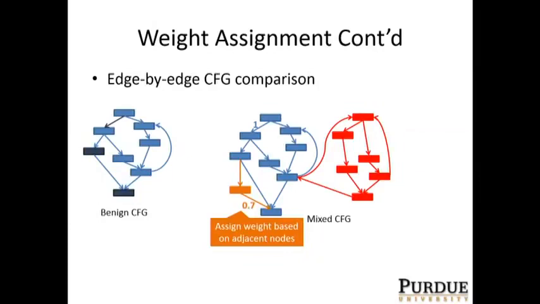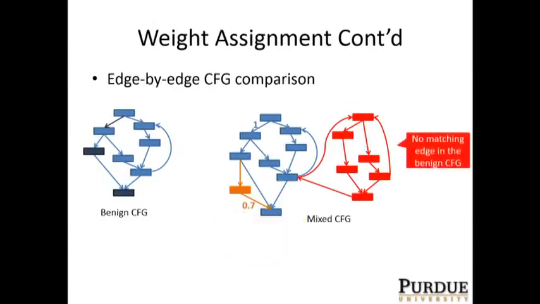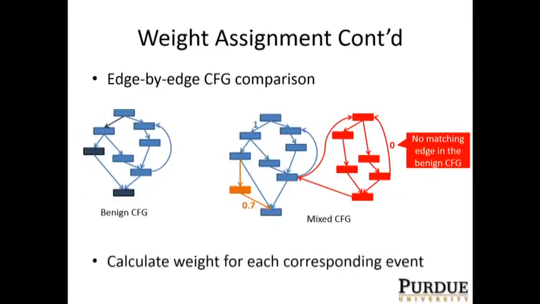For edges that are totally far away from the benign nodes, we assign 0 as its weight. With weight for each edge, we calculate the weight for each corresponding event and assign the weight to the negative training data.